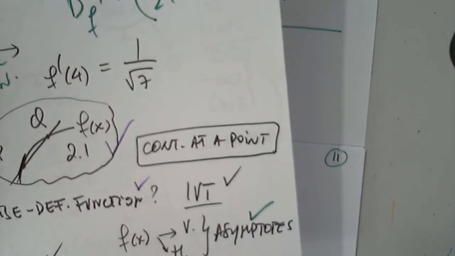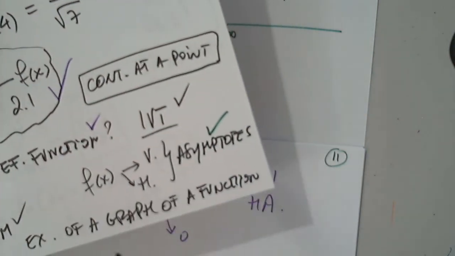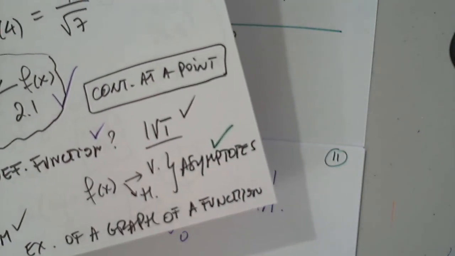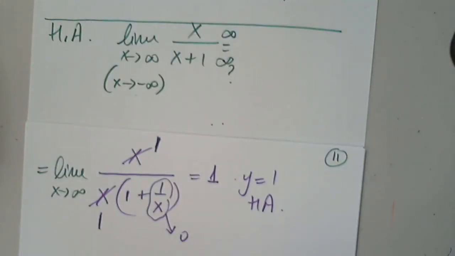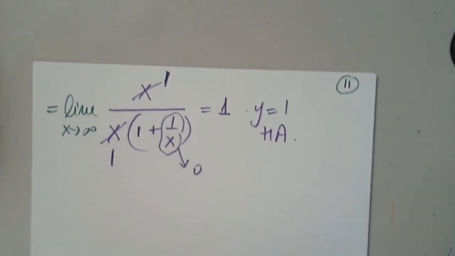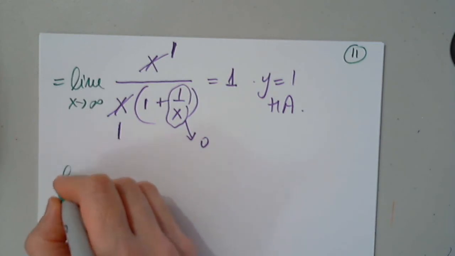Good. So we can look at continuity at a point, or whatever else you want. Which one is next? Continuity at a point. Good, very good. So let's take a look at a function.